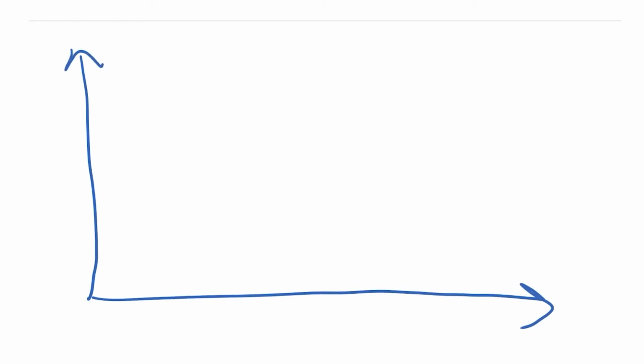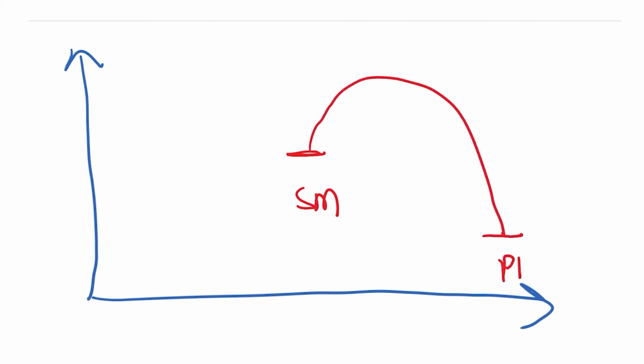Okay, so I have a starting material. Okay, and I'm just going to simplify this by drawing out two products. So this is going to give me P1 and this is going to give me P2.